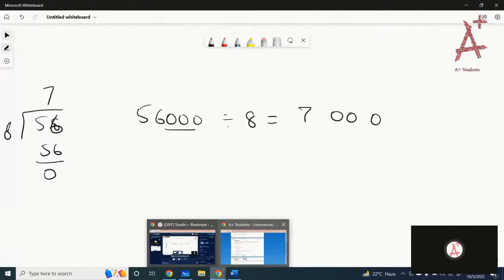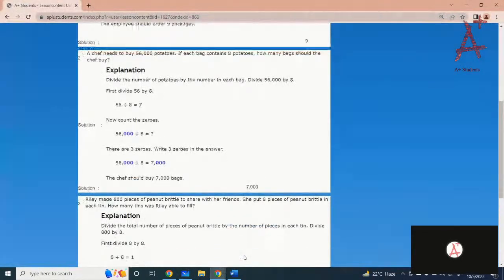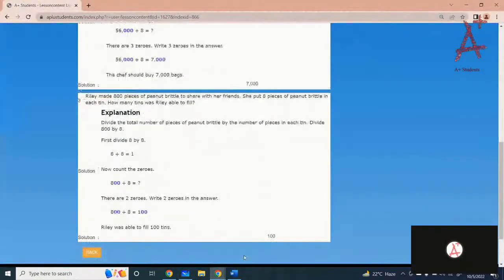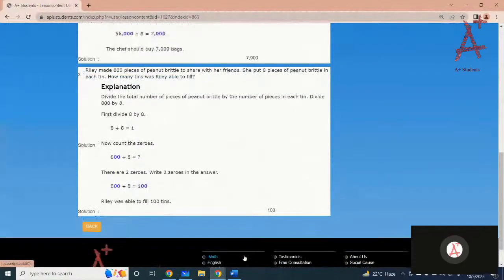Okay, the next one is: Riley made 800 pieces of peanut brittle to share with her friends. She put 8 pieces of peanut brittle in each tin. How many tins was Riley able to fill? So you have to divide 800 by 8.